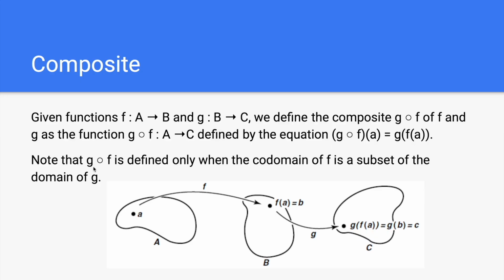Note that g compose f is defined only when the codomain of f is a subset of the domain of g. The idea is illustrated in this diagram. You pick a point a in set A, then you have f map it to f(a), which is in B. And then you map the element f(a) by g to the set C, and the element is g(f(a)), which is equal to c.